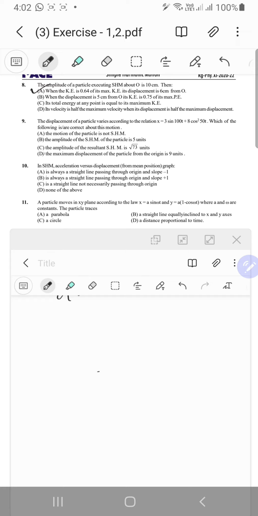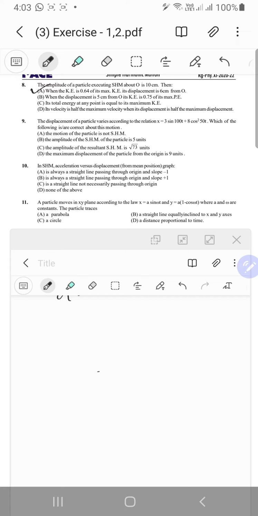That's correct. When displacement is 5 centimeters from O, its kinetic energy is 0.75 of its maximum potential energy. Well, if it's 5 centimeters, why is it fishy though? Okay, so it's going to be A by 2. Potential energy is 1/4, kinetic energy is 3/4 of the total energy.